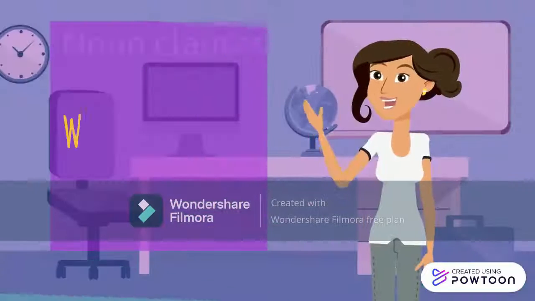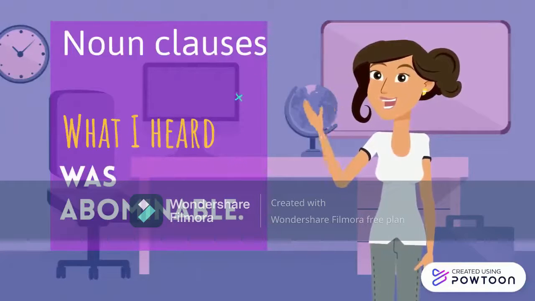The first example of a noun clause is: What I heard was abominable. What I heard is a dependent clause, which means that it's a noun clause. Was abominable is the independent one.